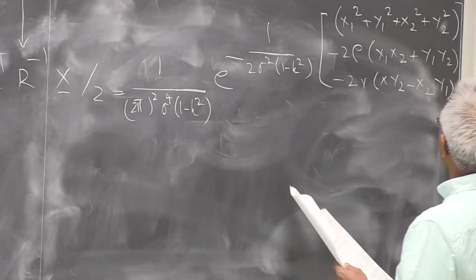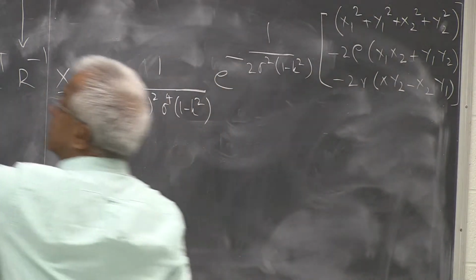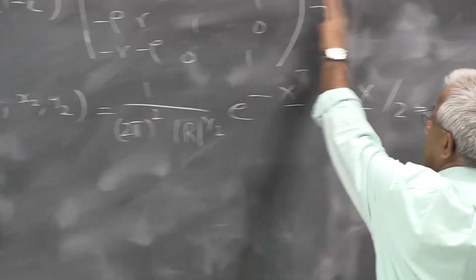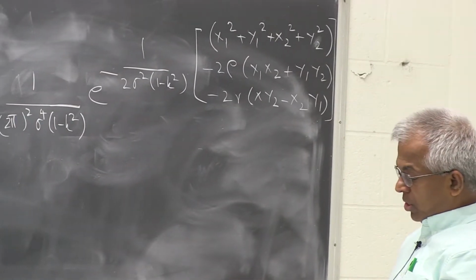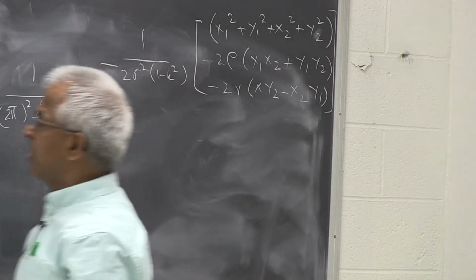All right, there is nothing to it except that you just have to do it. So you take this x vector, multiply it from the left, multiply it from the right, simplify, and you will get this much term. Now I'm going to make a transformation to the r theta domain.